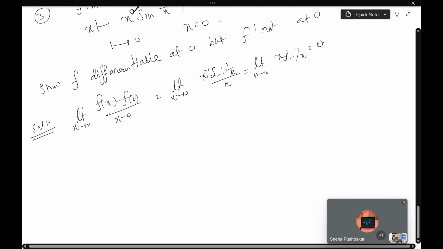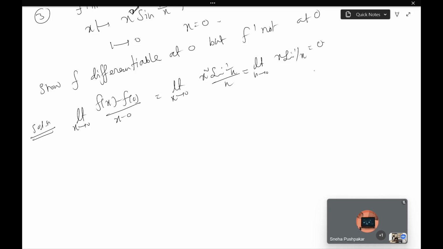Okay, so yeah, that's why it is differentiable at 0.